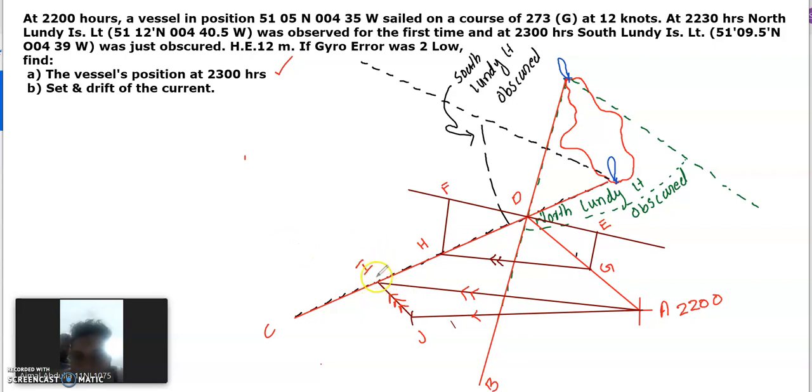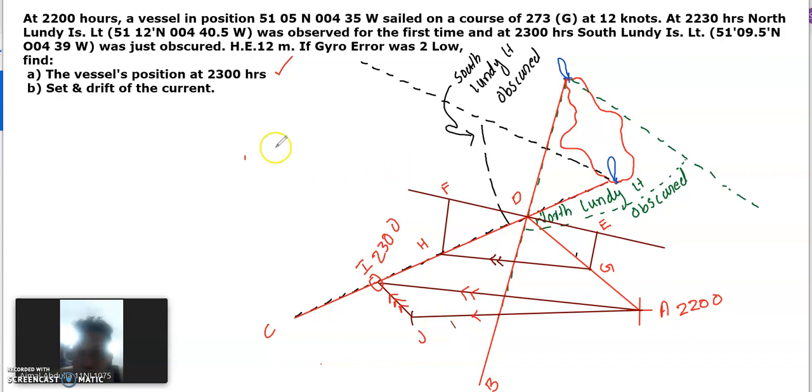This will be our position at 2300 hours, because this is our course made good line. We started from here, and once we reach here, the South Lundy Lighthouse is obscured. So we got the course made good and the position also.